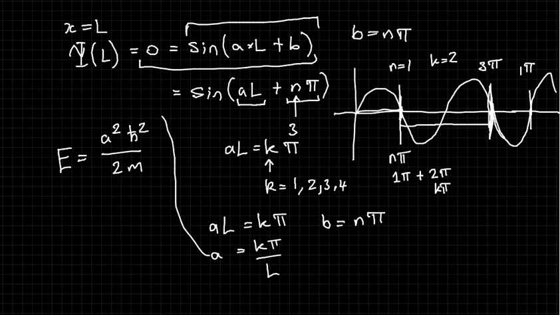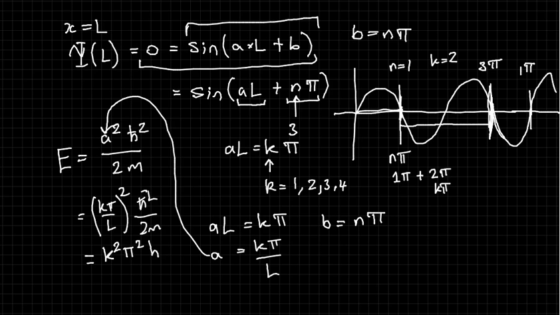And so now we know that AL has got to be equal to k pi, and we know also that B has got to be equal to some integer times pi. And now we can put that into the first equation that we calculated for the energy, which is going to be A squared times h bar squared over 2m. Because now we know what A is, we can rearrange that A is equal to k pi over L. So we can put A into here and calculate what the energy is.